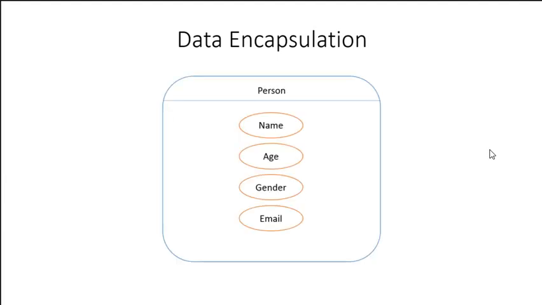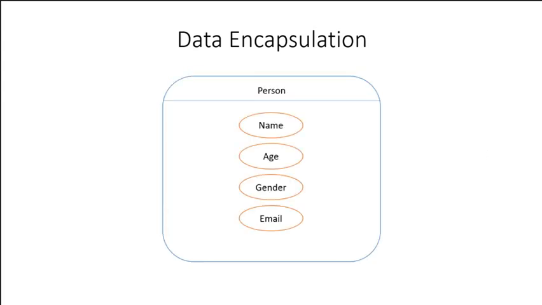Data encapsulation. Data encapsulation is one of the many concepts of object-oriented programming. It is always followed while constructing a class in Java. So let's understand it with an example. Suppose there is a person object like Rinki. It has attributes like name, age, gender and email.